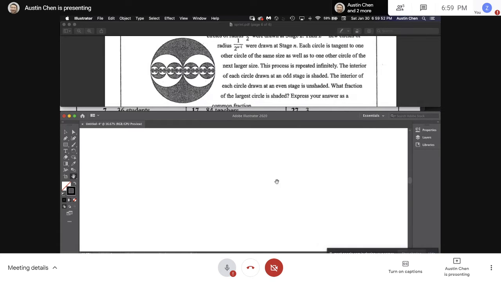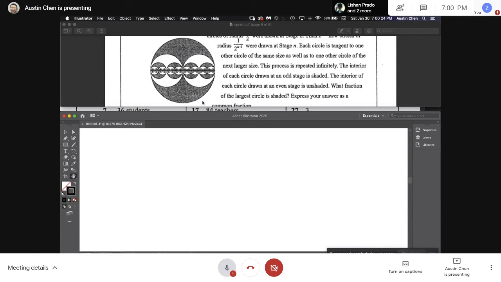Okay, so we have circles, and the radius is halving each time, but we're doubling the circles. So if you can see the biggest circle, we have one of them, and then the second set we have two half-radius ones, and then the third set we have four circles that are a fourth of the radius of the largest one, and every other set we shade.